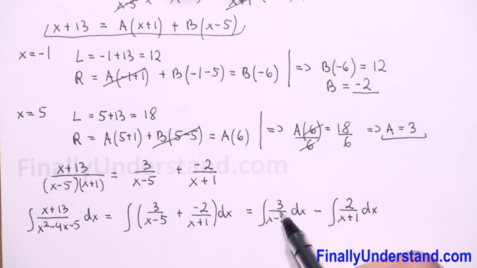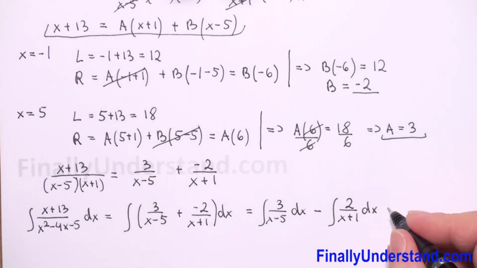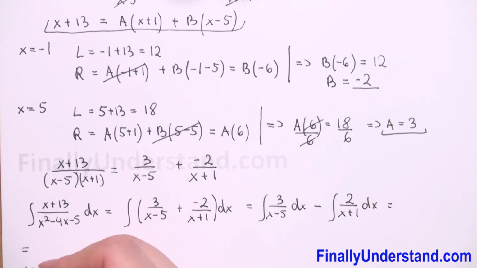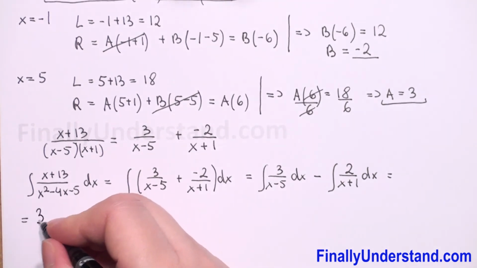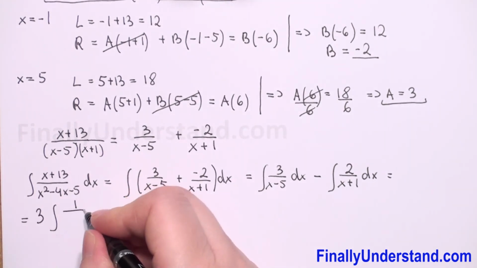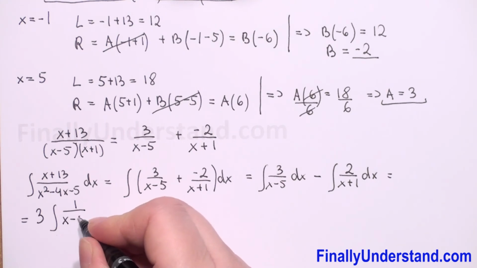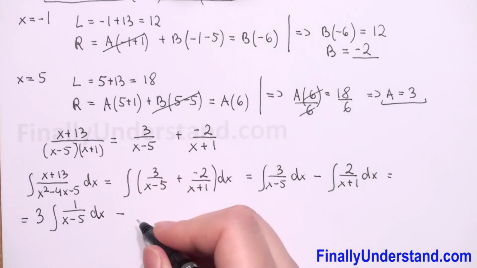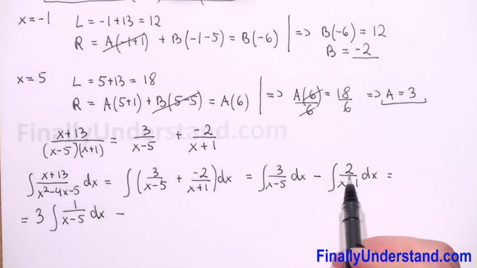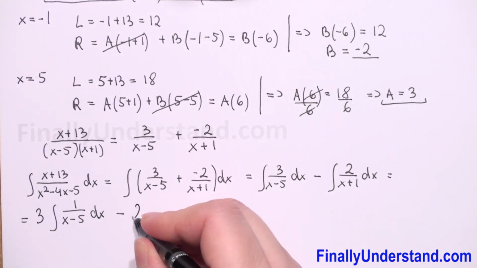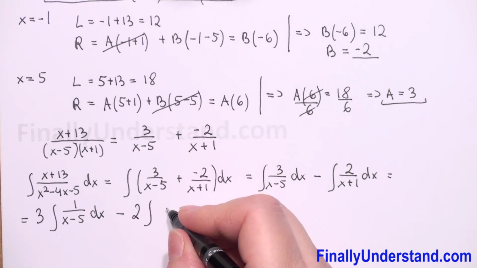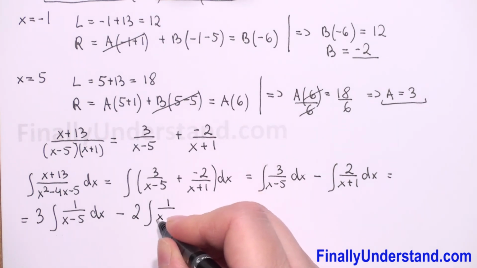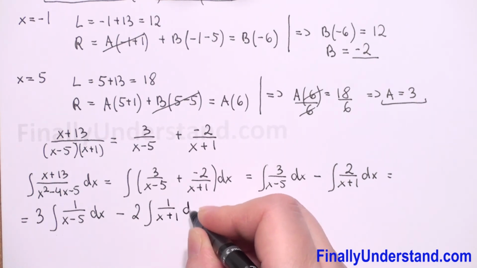First, we can put the constant before the integral, so this is equal to 3 times the integral of 1 over x minus 5 with respect to x minus, and we will take the 2 before the integral symbol, so we have 2 times the integral of 1 over x plus 1 with respect to x.